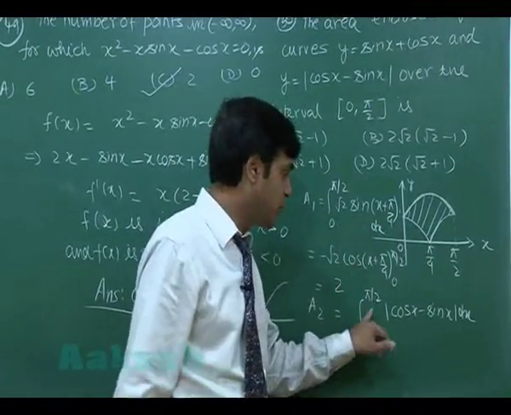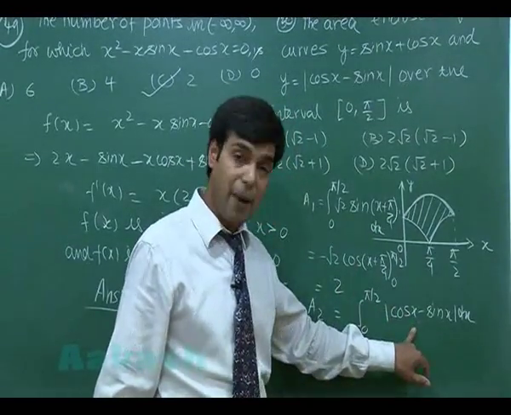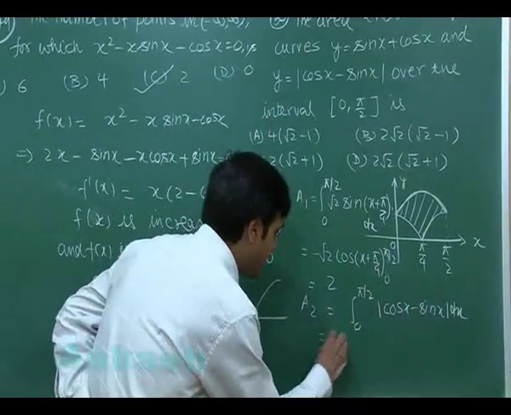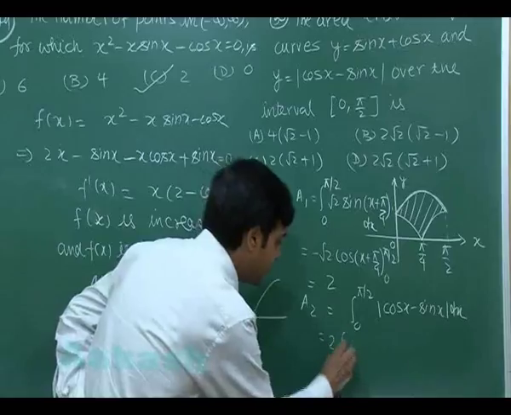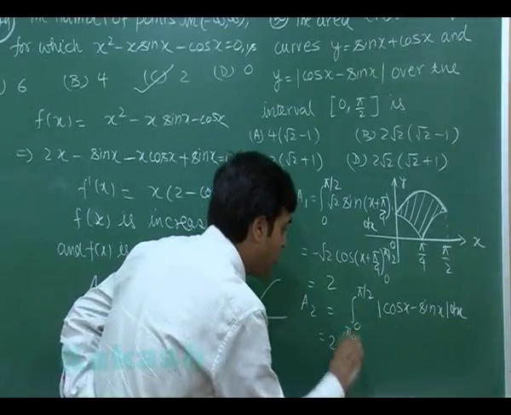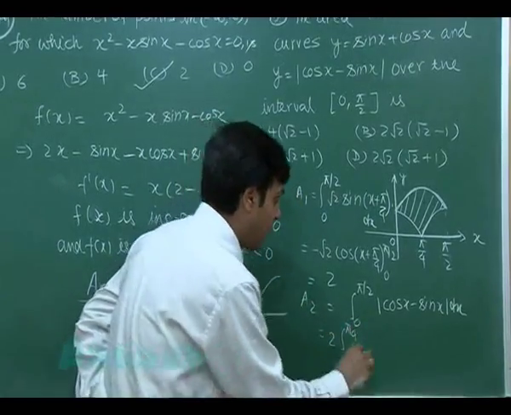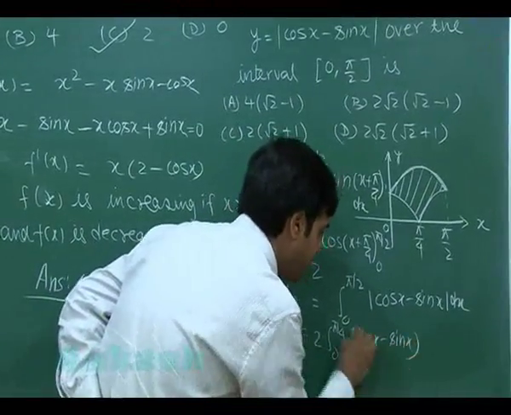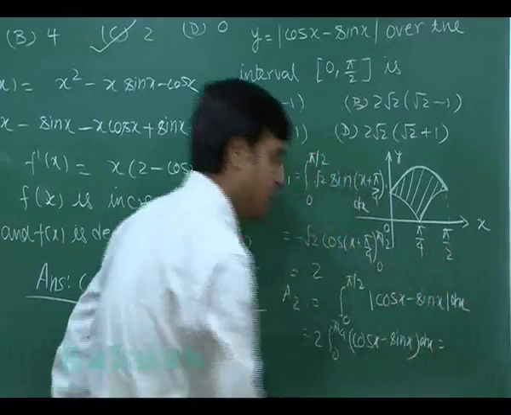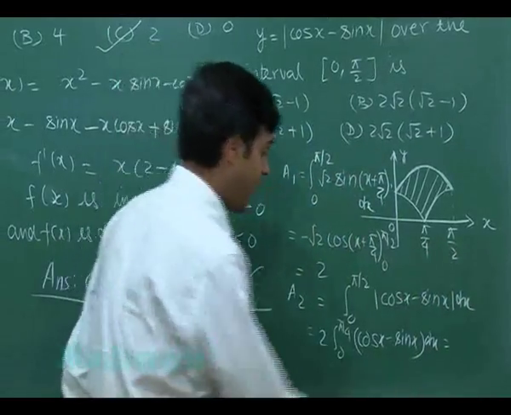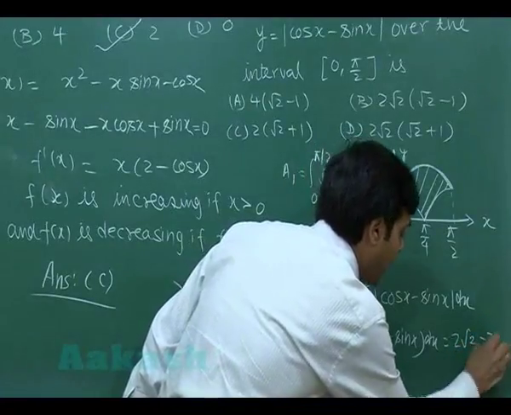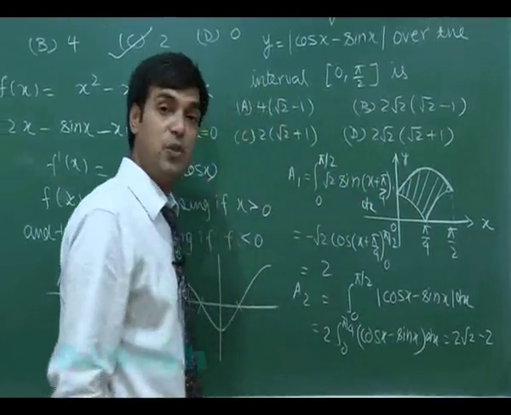You can clearly see when you replace x by pi by 2 minus x, it is unchanged, so you can write it as twice of simply integral 0 to pi by 4 of cos x minus sin x. Integrate it, simplify to get the result as 2 times root 2 minus 1, or 2 root 2 minus 2.